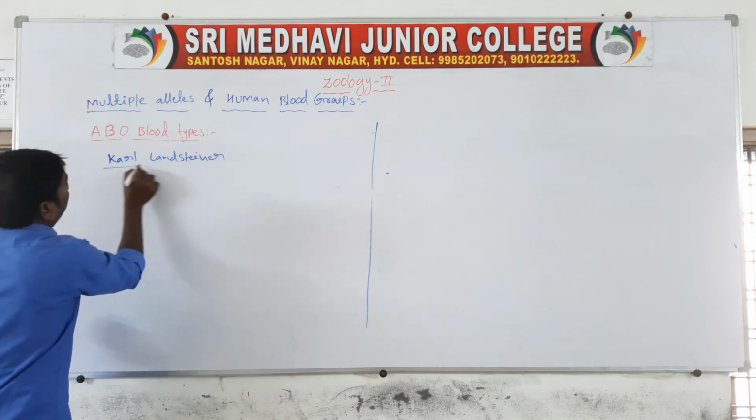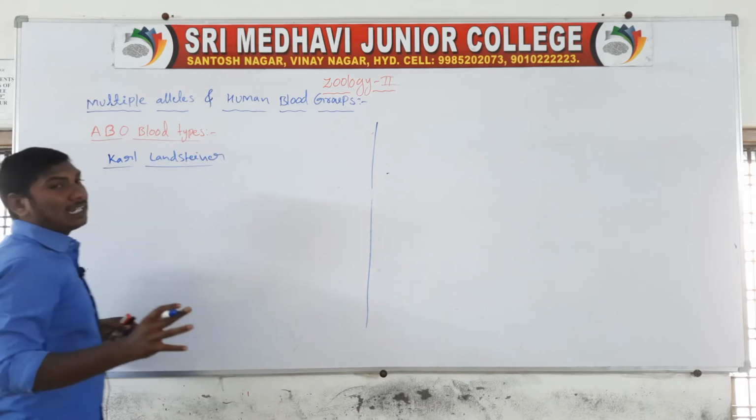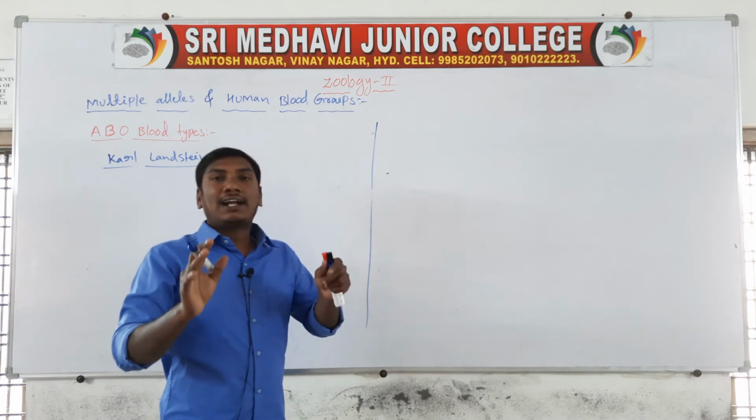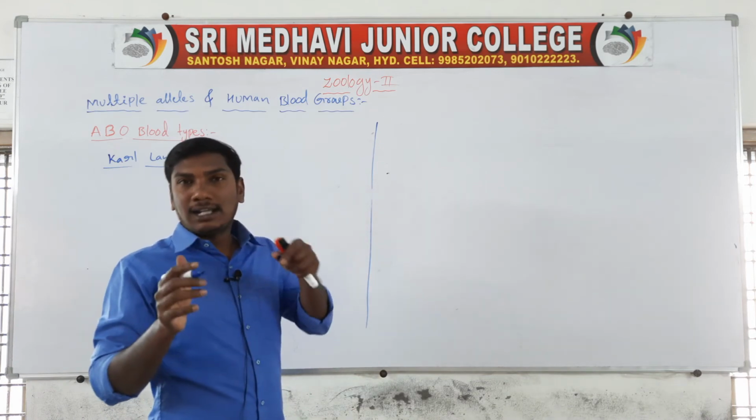The ABO blood groups, the ABO blood types, were discovered by the scientist Carl Landsteiner.